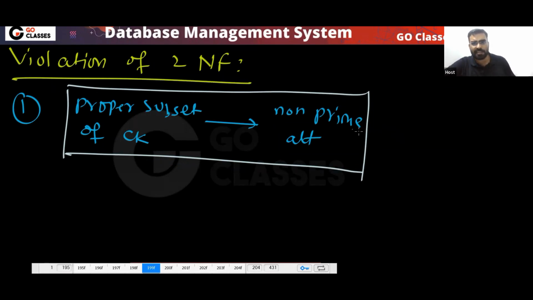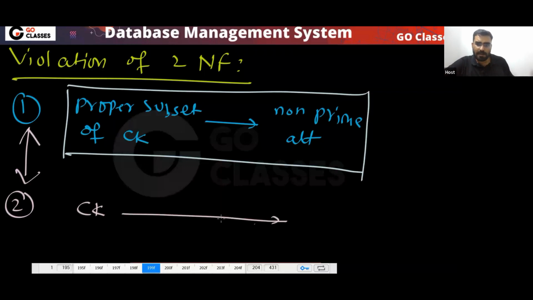This can be anything. This can be partial or this can be full. This is the violation of 2NF. Why is this the violation of 2NF? Because of this will happen. What will happen?